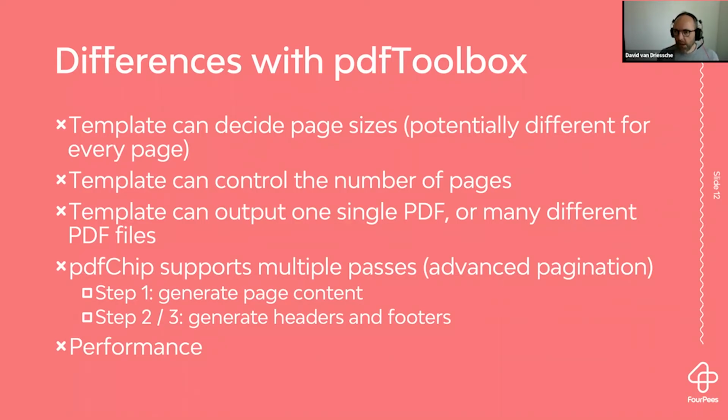So really PDF files with lots of content in it, and performance becomes really, really important. And what we've seen during testing is that pdfChip is extremely fast in generating this output. I was surprised when I created this proof of concept of how quickly it could generate things. And also that it is quite linear in the way it scales up.